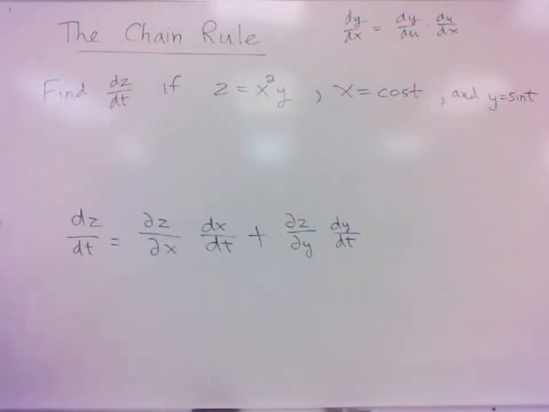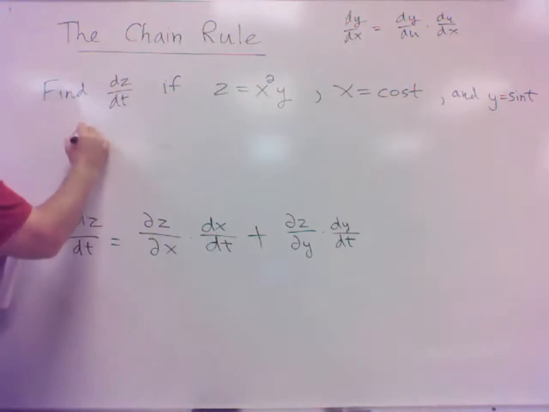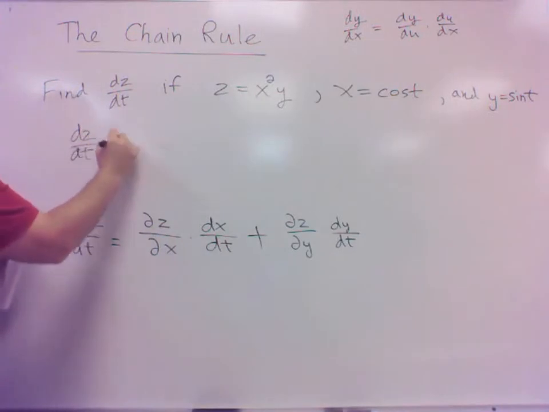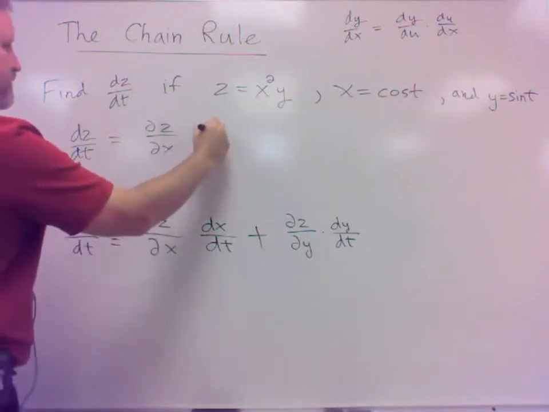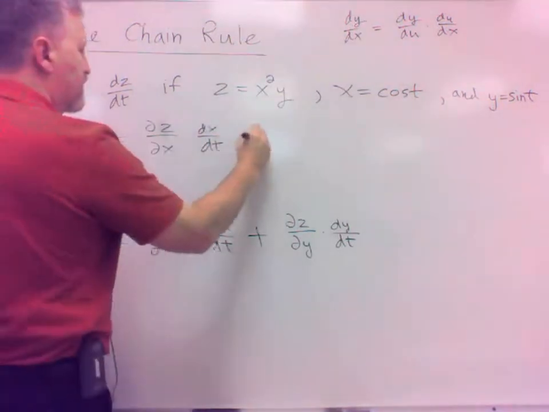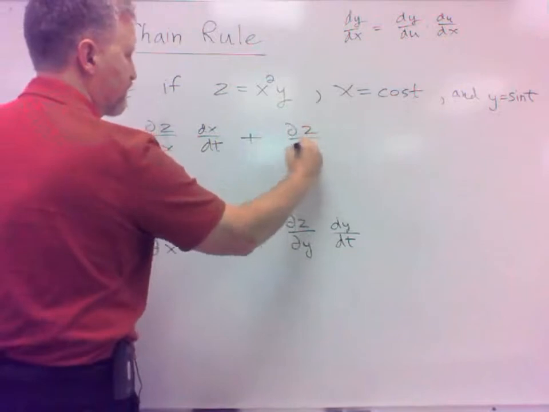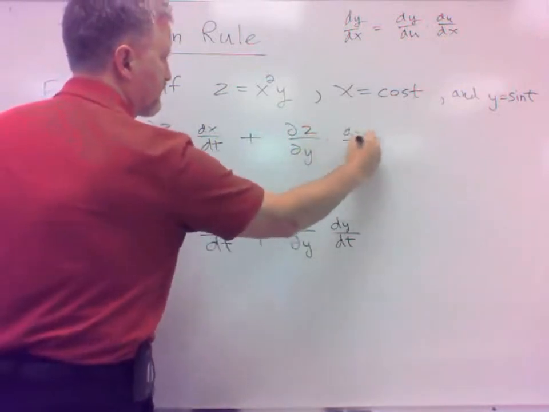Okay, so dz/dt equals the partial of z with respect to x times dx/dt, plus the partial of z with respect to y times dy/dt.